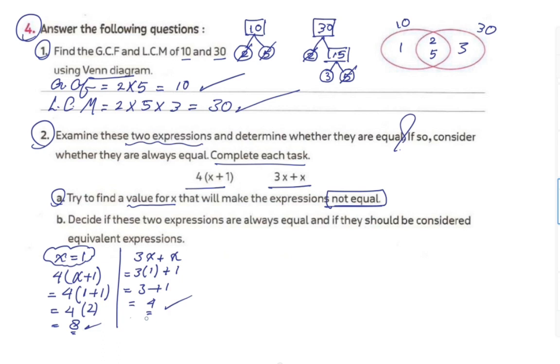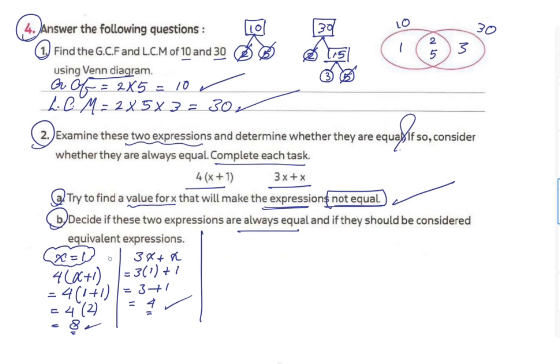They are not equal to each other, right? So the value x equals 1 makes these two expressions not equal. This is the first task. The second task is to decide if these two expressions are always equal.